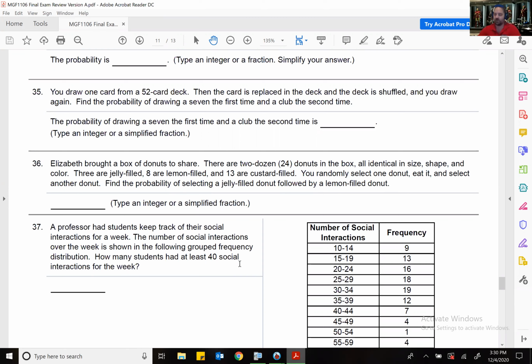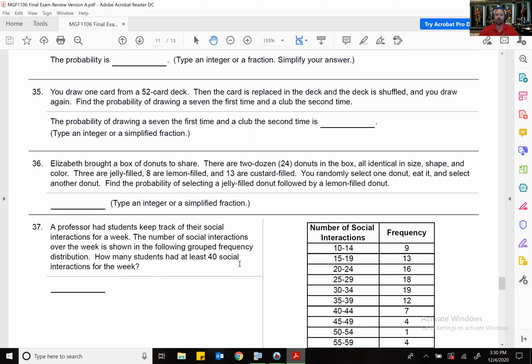So what we need to do is find the probability of a jelly donut first. And then we're going to multiply that by the probability of a lemon donut, given that we've already eaten the jelly donut. So what is the probability of a jelly donut? 3 over 24.